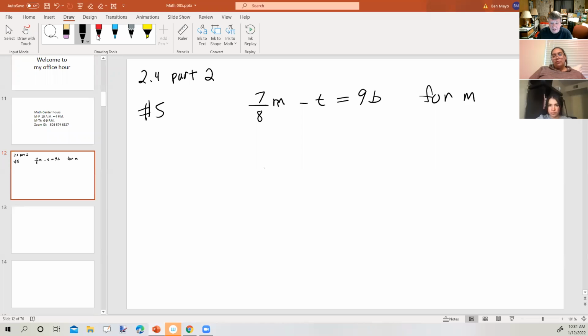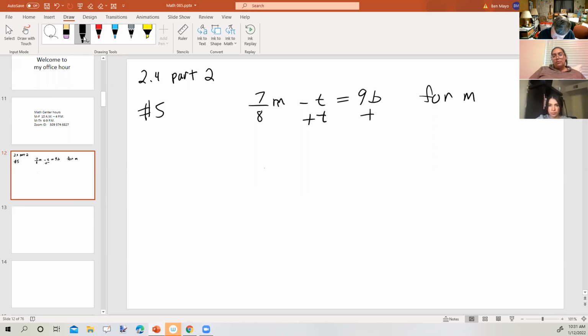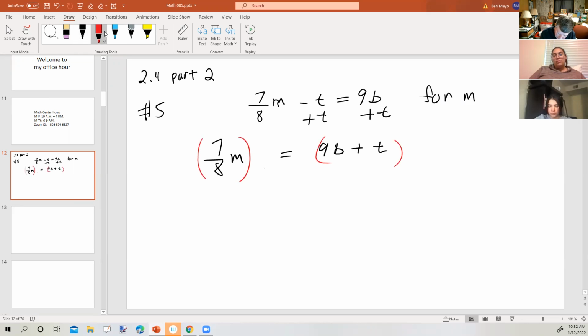So we're going to isolate the variable term and then isolate the variable. The variable term is the term with m in it, since that's the variable we're trying to solve for. So first of all, we will add t to both sides of the equation. And we get that. Then we're going to multiply both sides by the coefficient of m, which is 8/7.